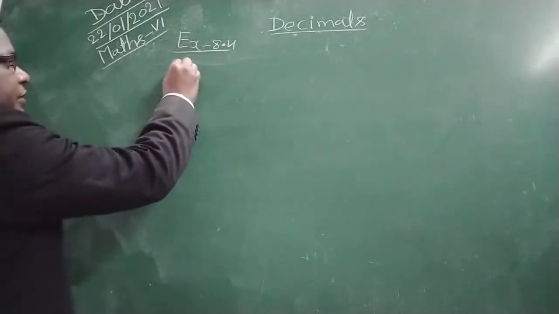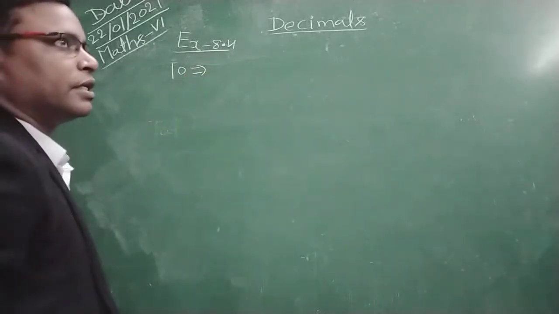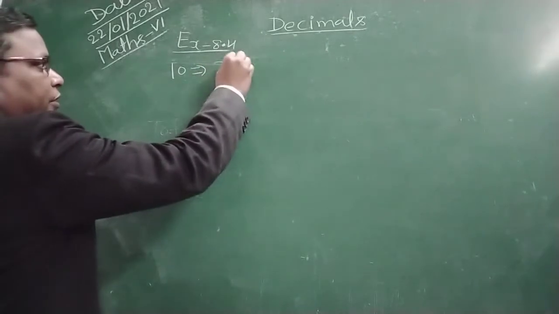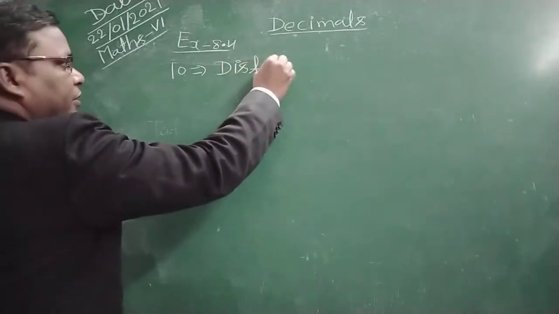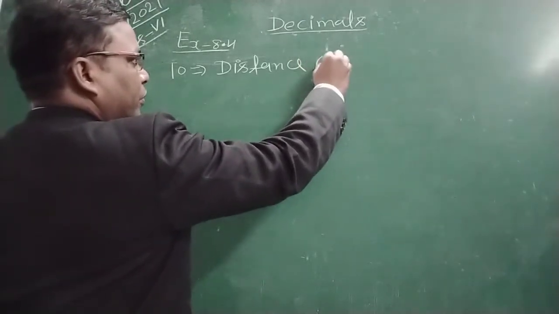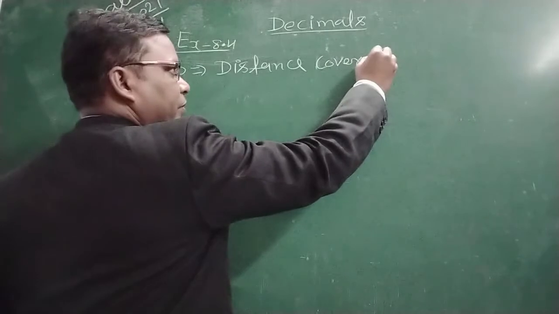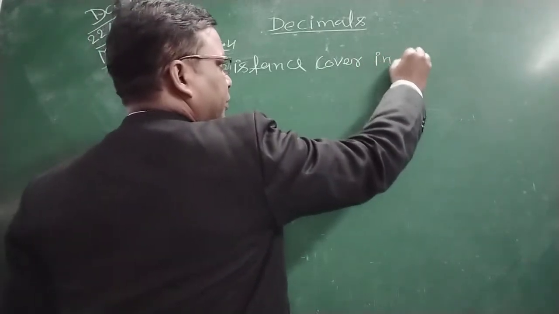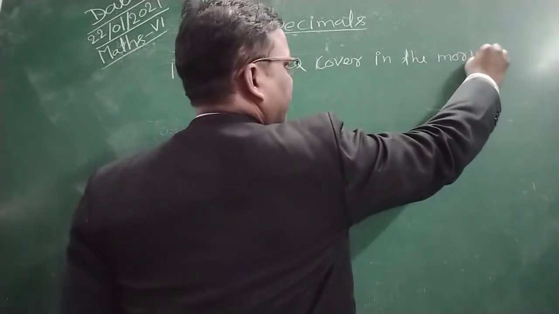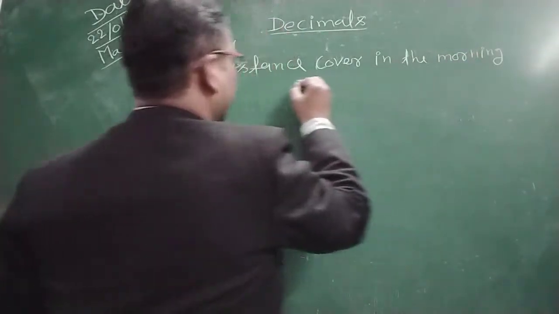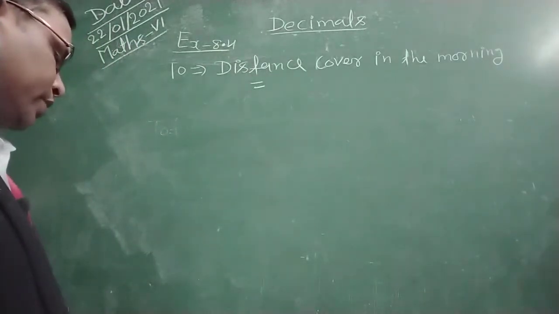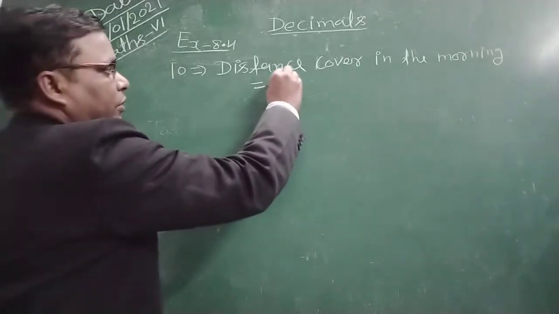Distance covered by Naresh in the morning is equal to 2 kilometer 35 meter.